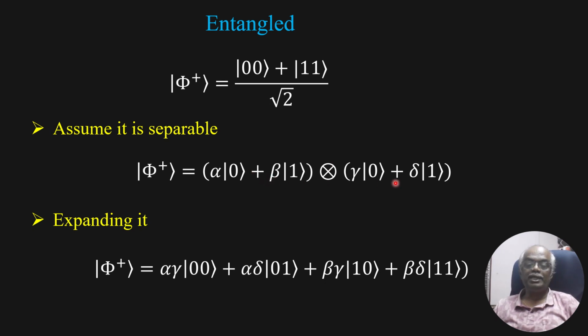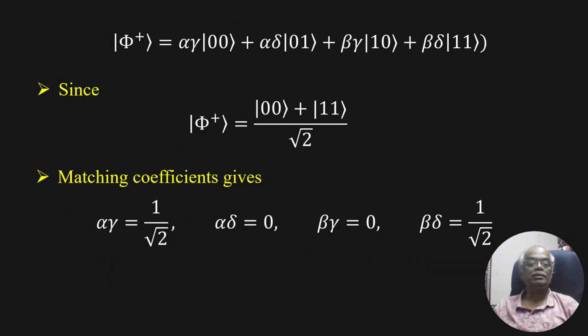And beta delta, I am taking the tensor product, beta delta |11⟩ because here 1, here 1. So I have made a product of these two states. Now we will verify whether it is entangled or not. After taking the product, we got this one.